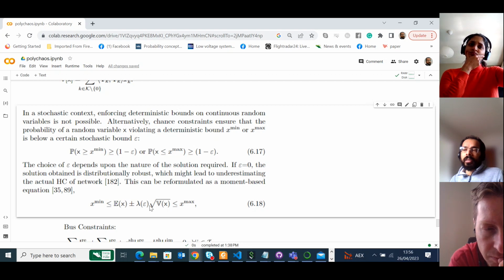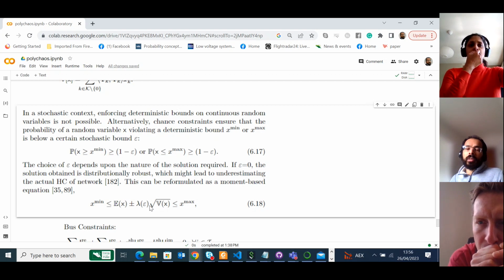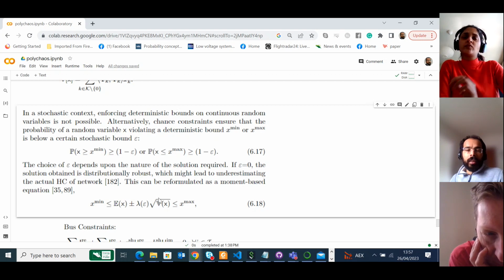For example, if it is 1.65, then it is equivalent to a chance constraint of 5%, or 1.03 is equivalent to a 10% chance constraint or something like that. So based on this lambda, you can tune your chance constraint limit, whether you want 5%, 10% or 15%.